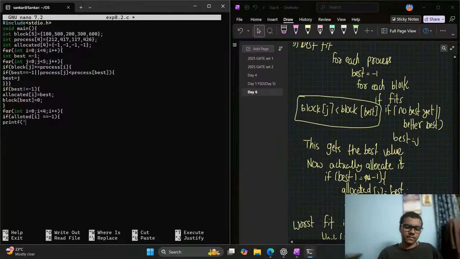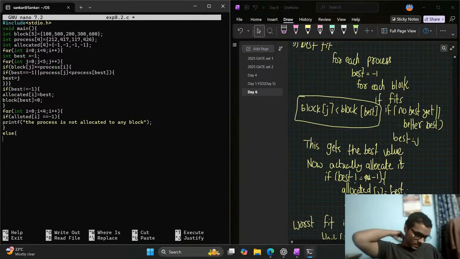Printf the process is not allocated to any block, else. That means if they are allocated, printf the process, okay, backslash n. After every printf line, just have a random backslash n.